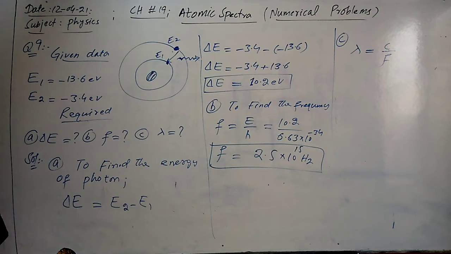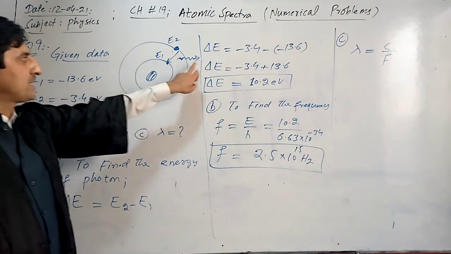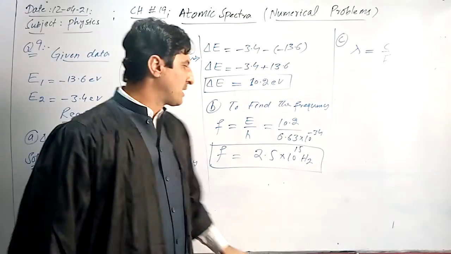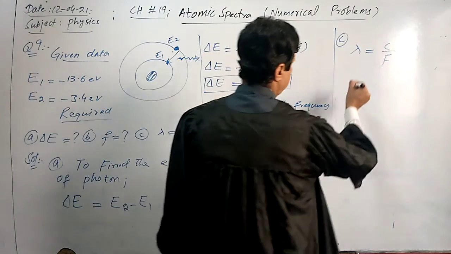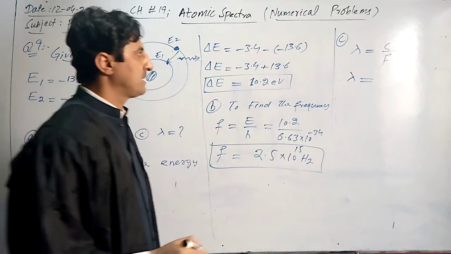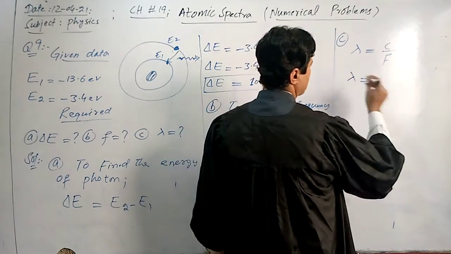So lambda equal to V divided by F, but the speed of photon is the speed of light, so therefore we take C here. Putting values here, what is the value of C? Speed of light, which is a universal constant.